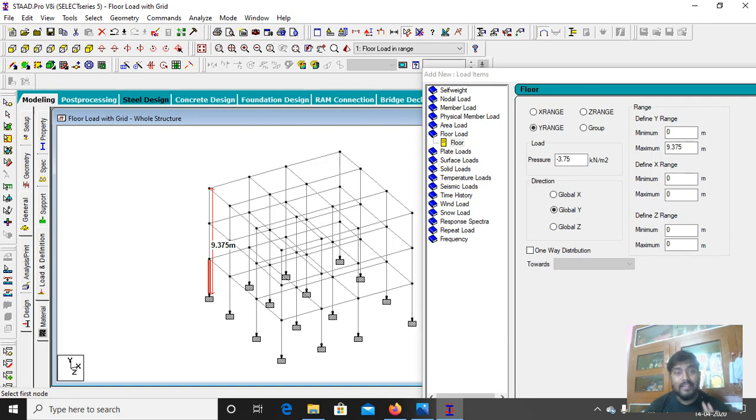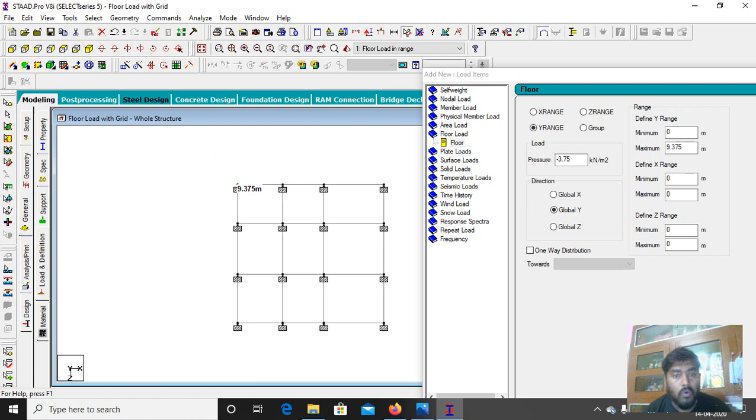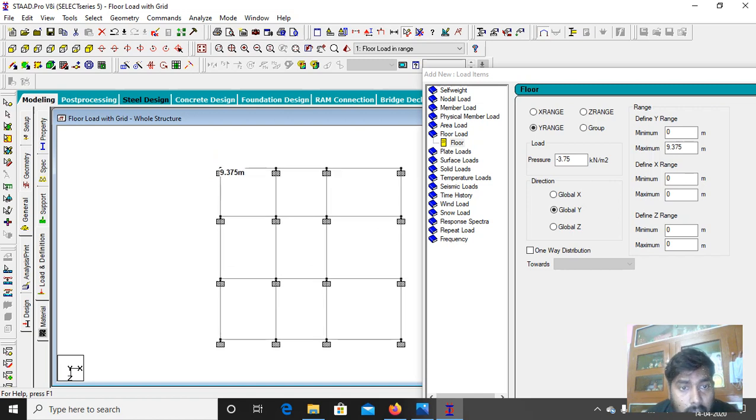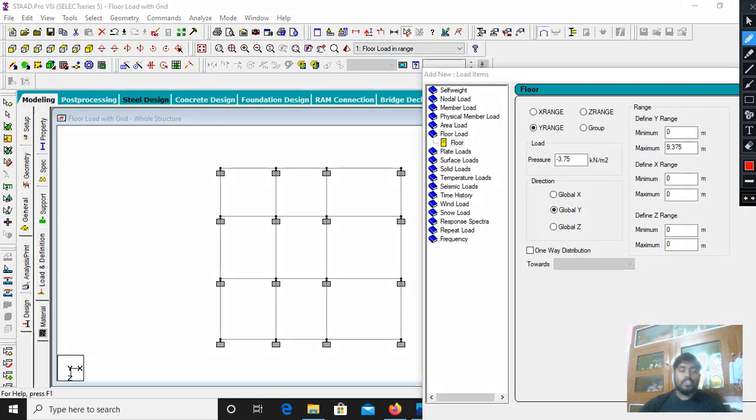Now coming to the x and z direction, let us change the view. In the x direction, from here to here, there will be no floor here, there will be no floor here.